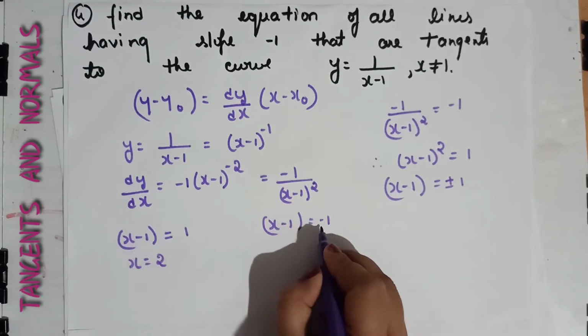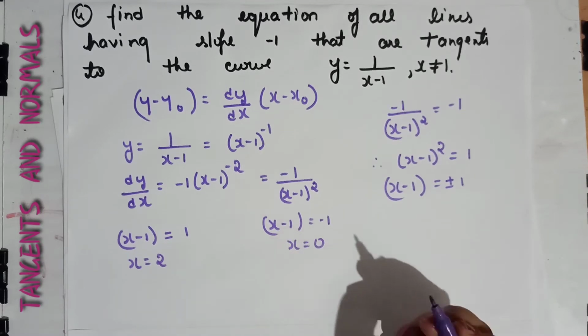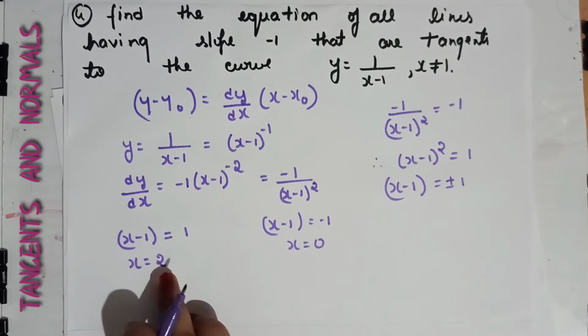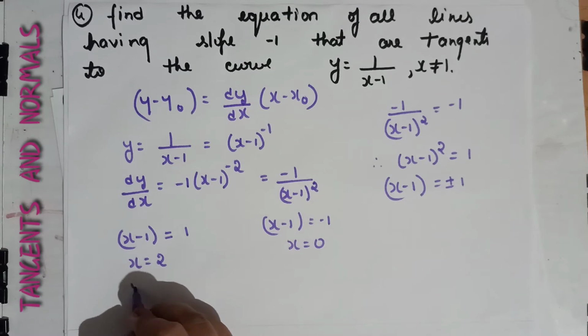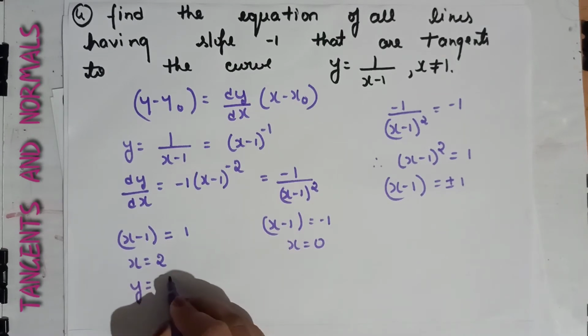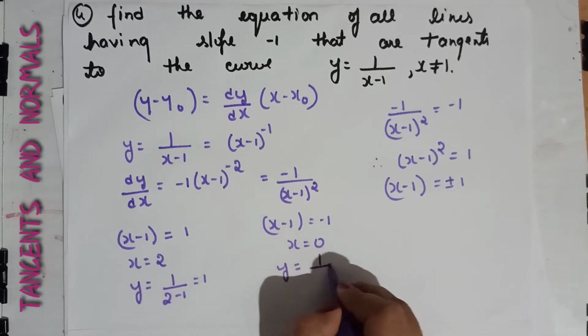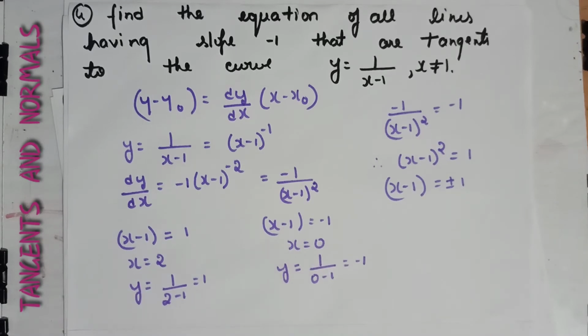When x minus 1 is equal to minus 1, then x will be equal to 0. So now you know x is equal to 2. You have to find the value of y. Substitute x in the given equation. So y is equal to 1 by 2 minus 1, which is equal to 1. Then when x is equal to 0, y is 1 by 0 minus 1, which will be equal to minus 1.